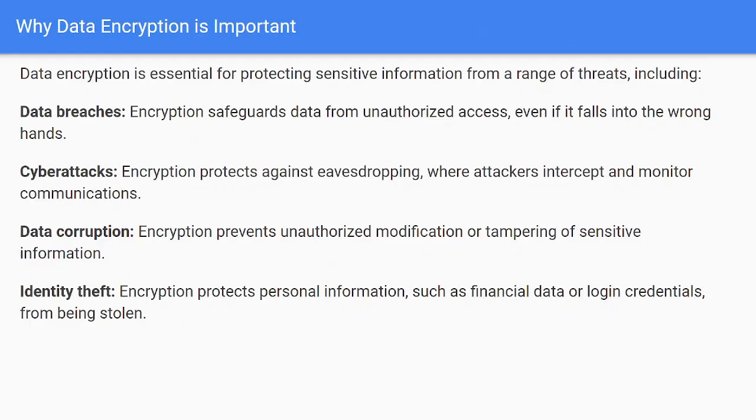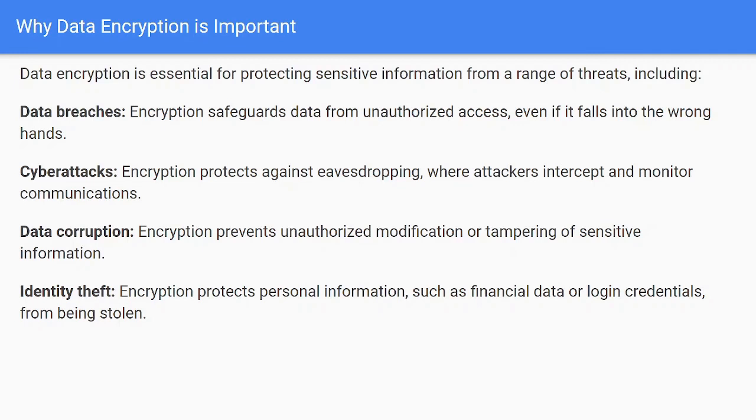So why is data encryption important? Data encryption is important to protect sensitive information from a range of threats, things like data breaches. For example, maybe an attacker attacks an organization and steals all the data in their databases. But if that information is encrypted, if it is not stored in plain text, the attacker might not be able to do anything with the information he has gotten.